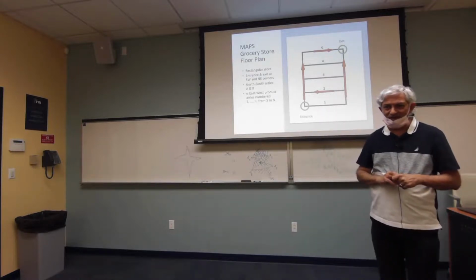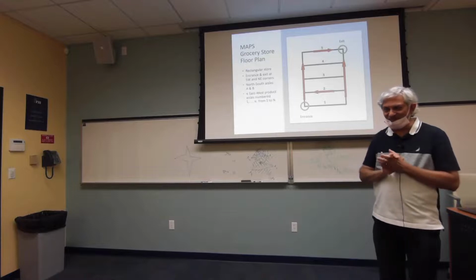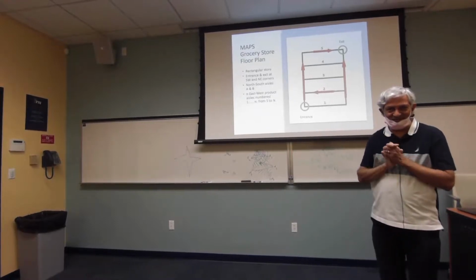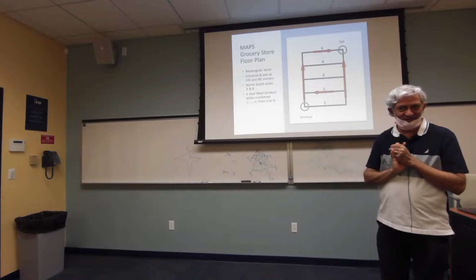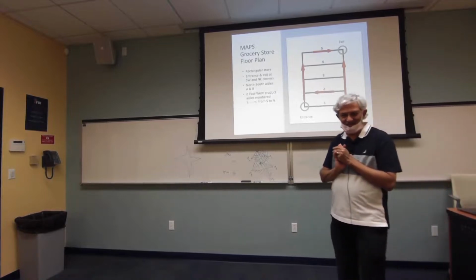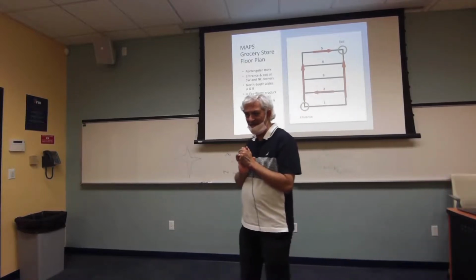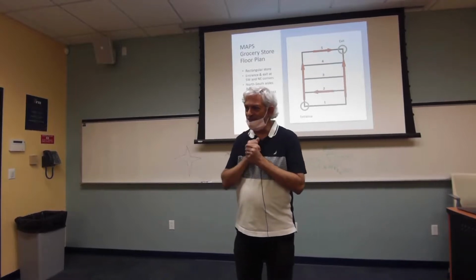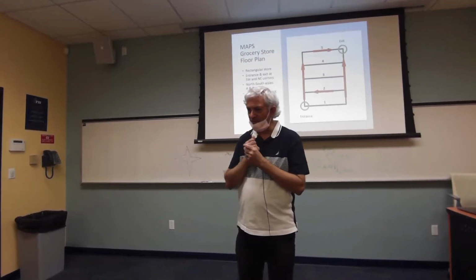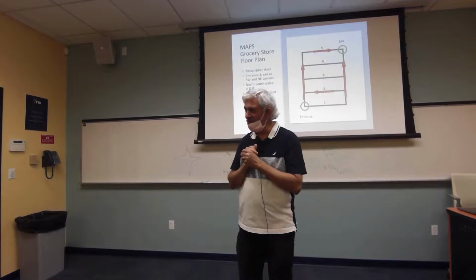So, how many different ways to label the aisles? You see more than one? If not, why? And if so, tell me how you're going to label it.